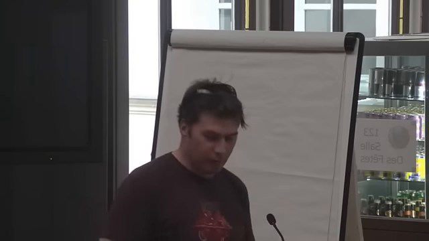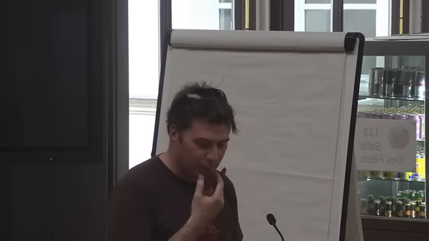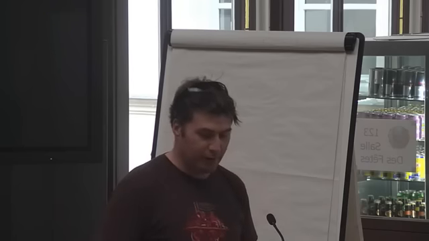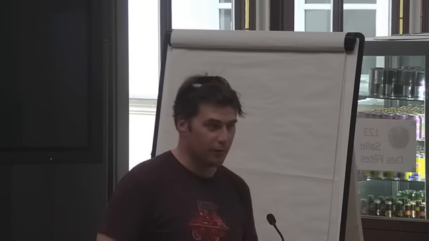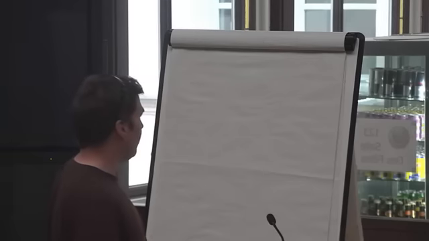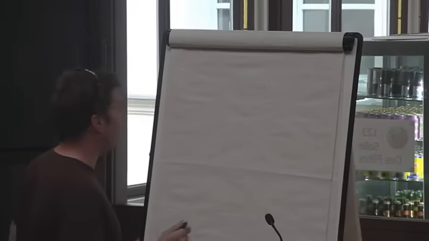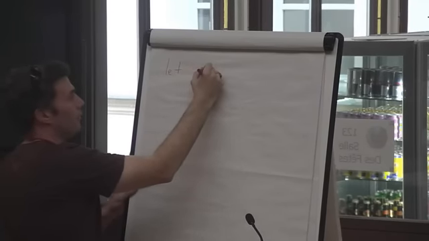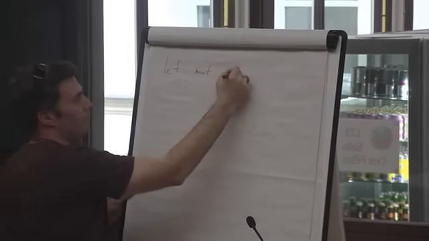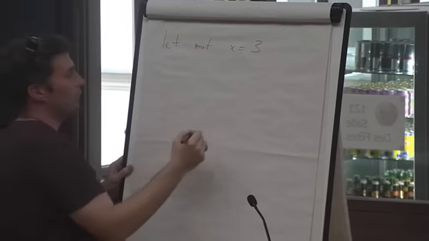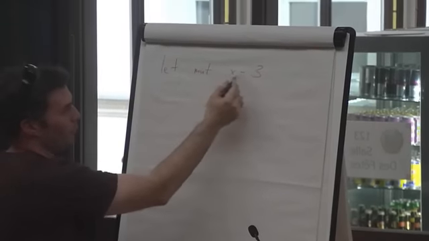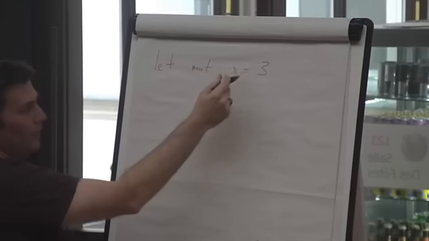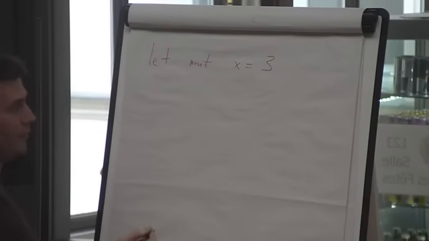So there was a blog post that Nico made, where Nico pointed something out. We currently write down let mut x equal 3 to mean that this is some mutable state, a mutable stack slot that we can reassign stuff to.